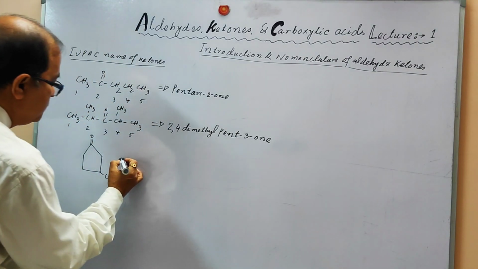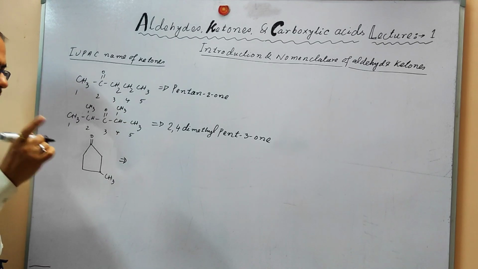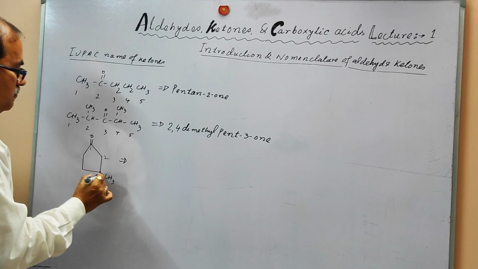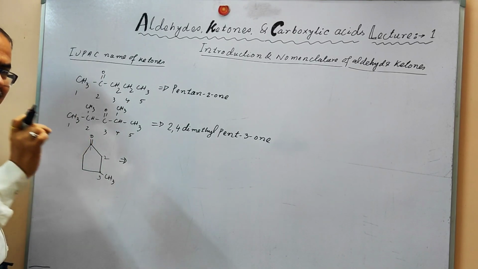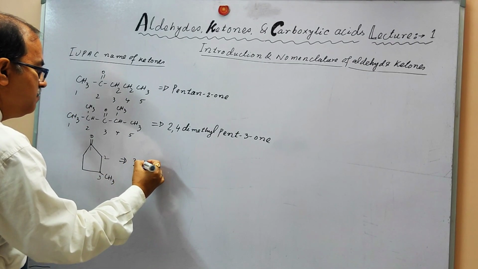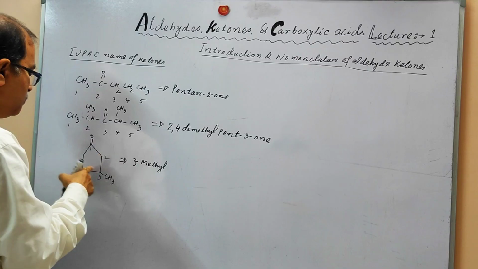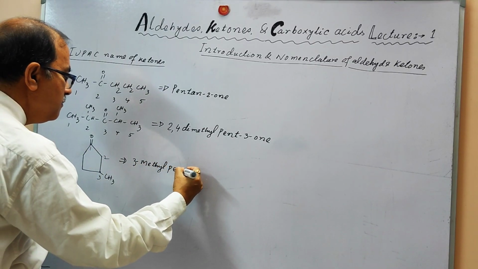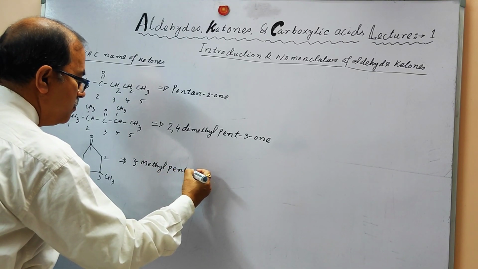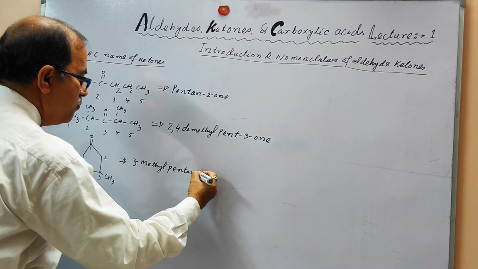Suppose, what will be the name of this compound, that is a cyclic compound. The numbering of the carbon atoms will start from the position where the carbon atom of the keto group is present, 1, 2, 3. So the name of this is 3-methyl, that is 1, 2, 3, 4, 5, pentane, 3-methyl pentan-1-one.